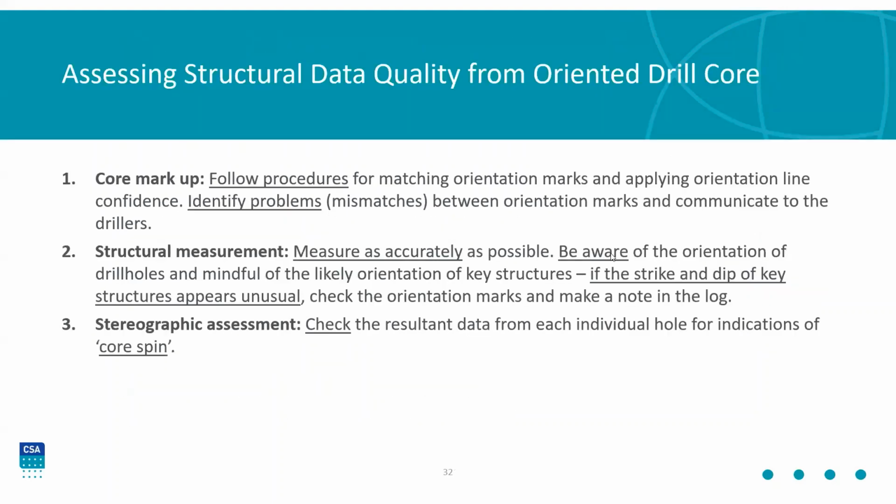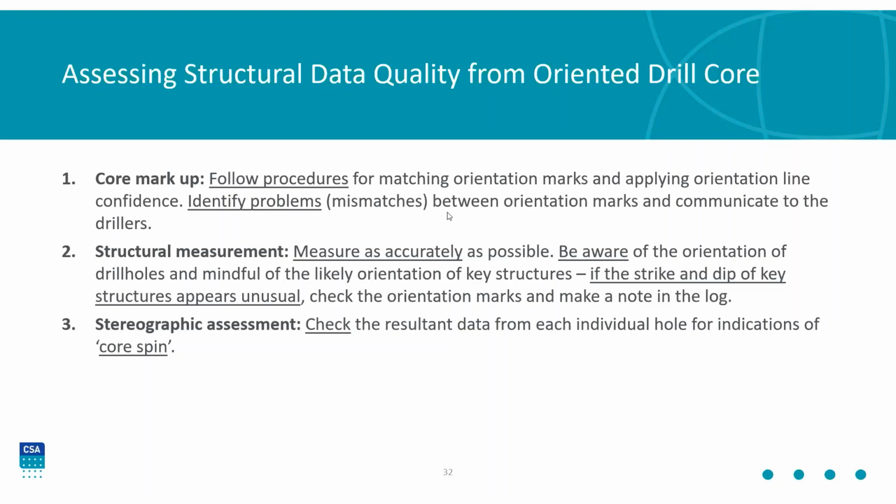So just to sum up here, when we're looking at structural data quality from oriented drill core, we can assess it during the core markup stage, where we have procedures for matching orientation marks, applying orientation line confidence, and identifying problems and communicating them, or fixing them with the drillers.